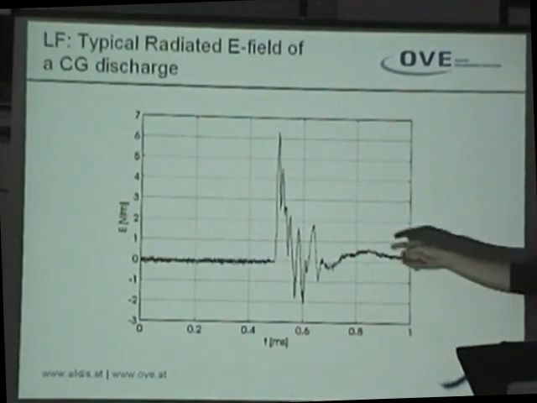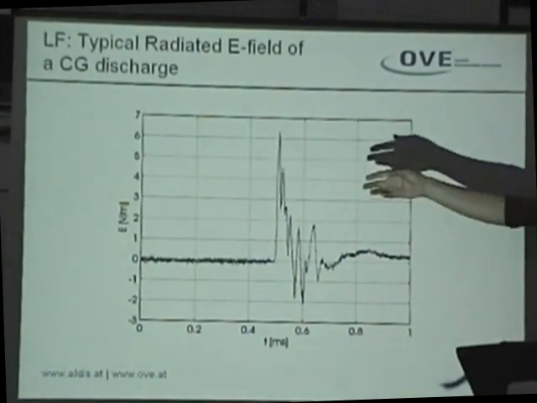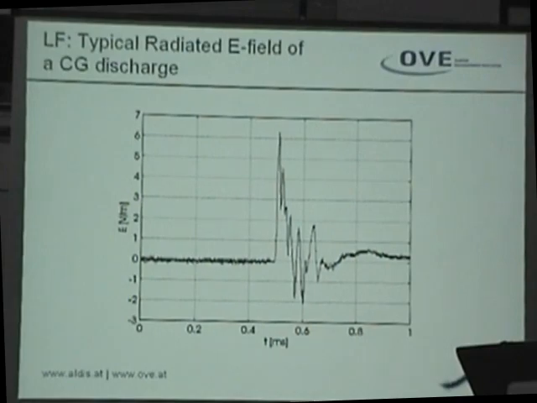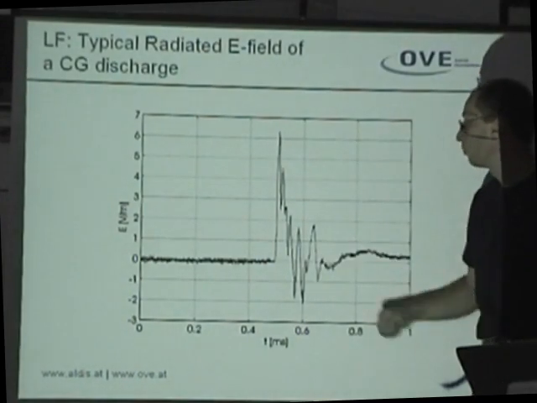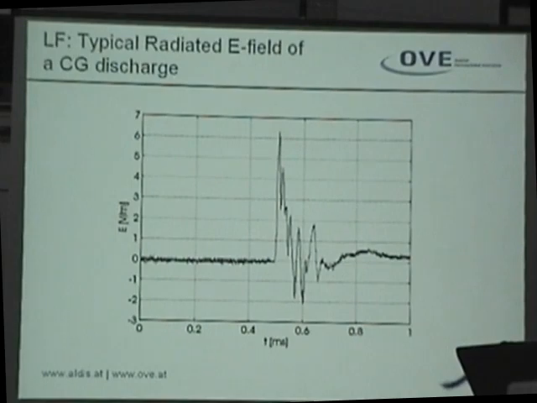You might see, between 10 and 30, 50 milliseconds before the stroke, a so-called initial breakdown. The peak to zero time of return stroke fields is normally bigger than 12 microseconds for negative flashes. For positive flashes, it's a little bit higher.